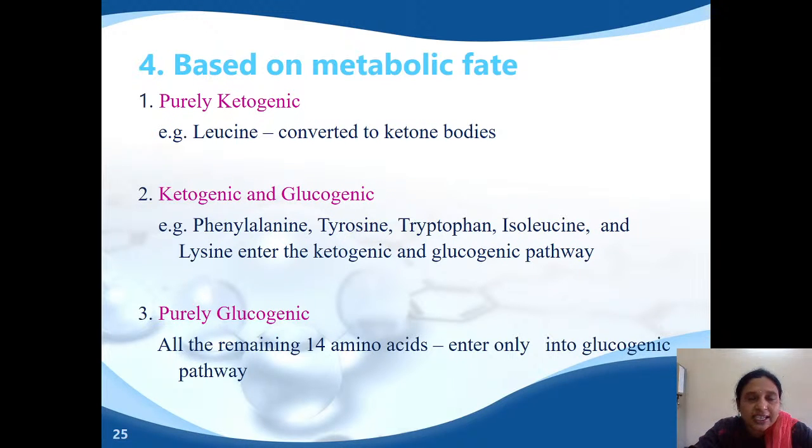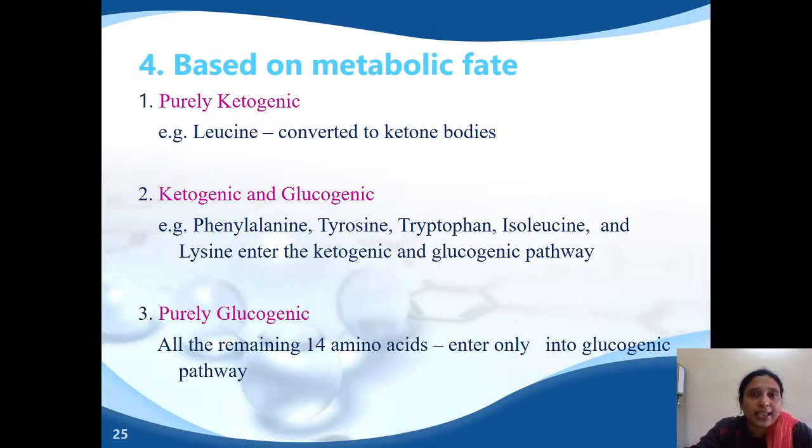Metabolic fate means what happens to amino acids when they are catabolized, that is, degraded. They may be converted to ketone bodies or glucose, or else both glucose and ketone bodies.